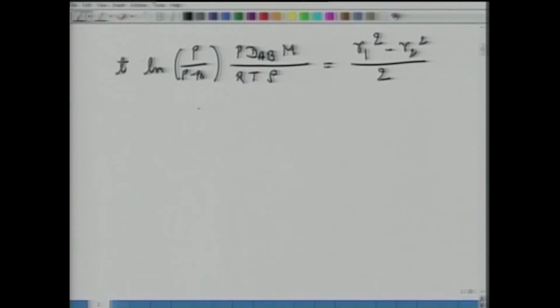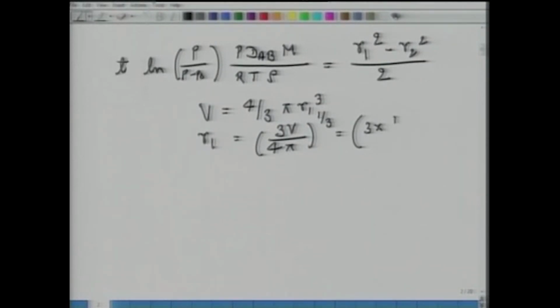Now all we have to do is substitute the correct values of R1 and R2 and find out the total time, which is the question asked here. The volume V is 4 by 3 pi R1 cube at t equal to 0. So R1 is 3V over 4 pi to the power 1 over 3, and the volume we can write as mass over rho.